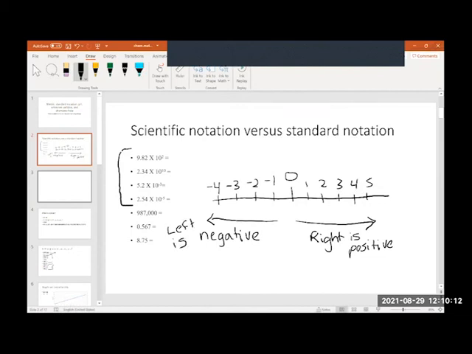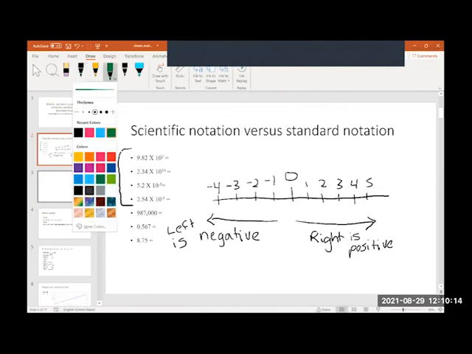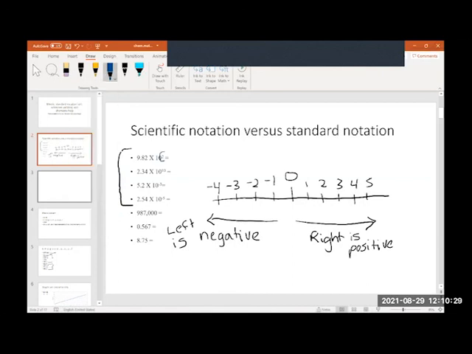All right, so let's work some problems. How about we start with 9.82 times 10 to the 2? Well, the fact that times 10 to the 2, let's look at the value 2. That means we must move the decimal place 2 positions. Is that number 2 positive or negative? It is positive.